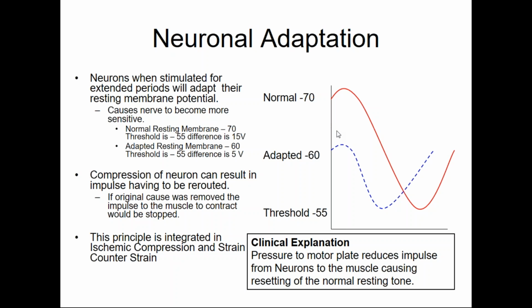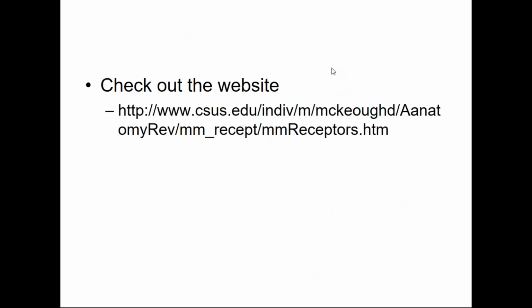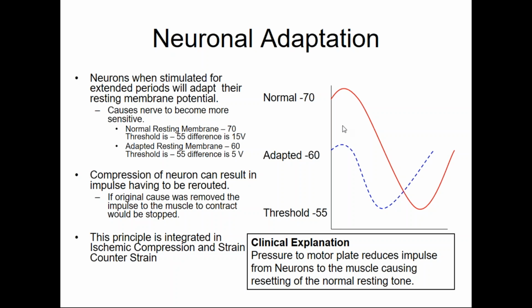All right, so neuronal adaptation is primarily treated through ischemic compression and strain counterstrain. So those are the four different causes for dysfunction within a muscle. You need to know those four.